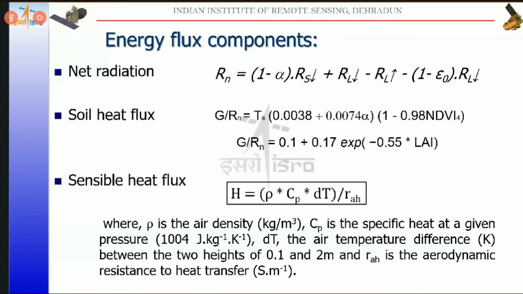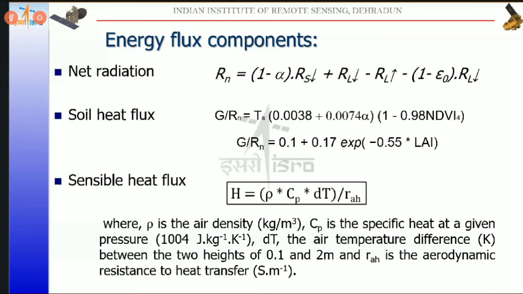Now to come to the next, the sensible heat flux. H is equal to rho multiplied by Cp multiplied by dT divided by rah. Rho here defines the air density, which is mentioned in various review literature as around 1.004 or 1.03 kg per cubic meter, and Cp is the specific heat at the given pressure, around 1004 joule per kg per degree Kelvin. dT here specifically defines the air temperature difference between two heights, one near the crop surface and one above the crop surface.